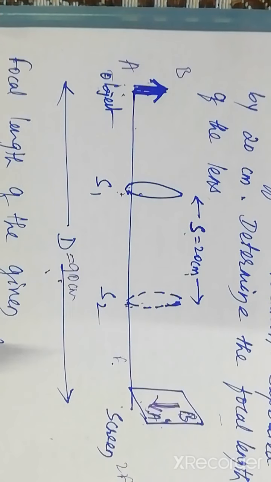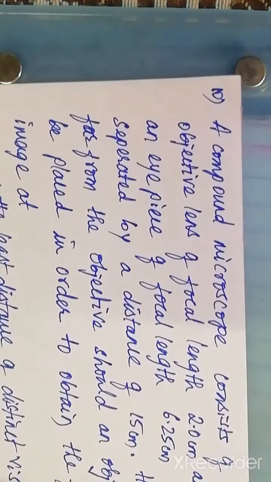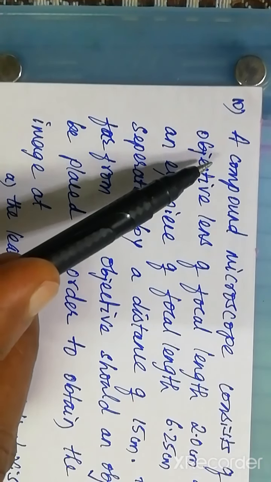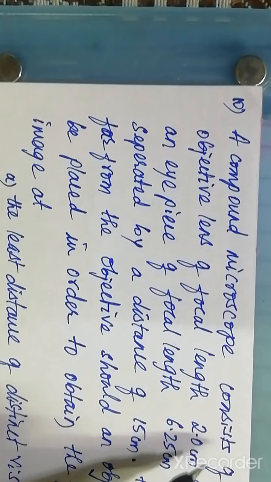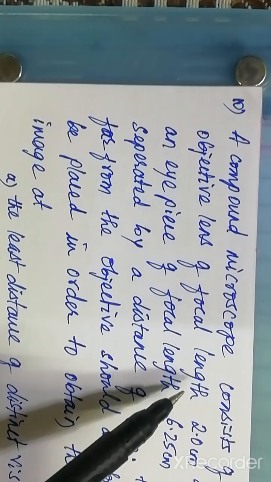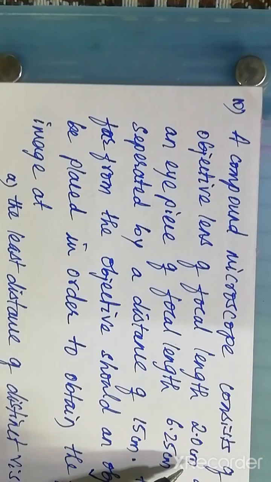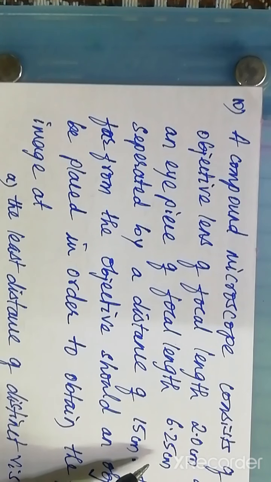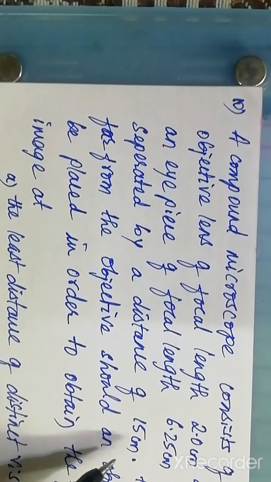Okay. Further, a compound microscope consists of an objective lens of focal length 2 centimeter and an eyepiece of focal length 6.25 centimeter separated by a distance of 15 centimeter.